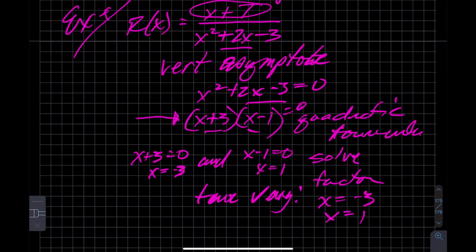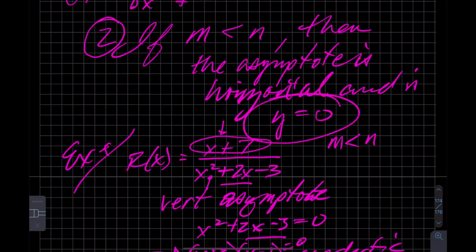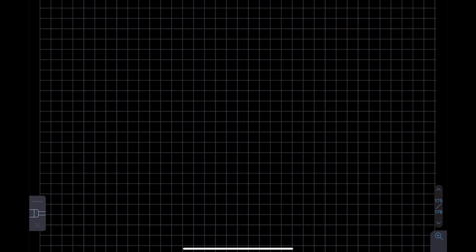So, what about my horizontal asymptote? In this case, it is horizontal because the degree of m is 1, the degree of n is 2, so m is less than n, and so my horizontal asymptote is at y equals 0. So taking all that information into account, I'm going to have my function, my asymptotes graphed.